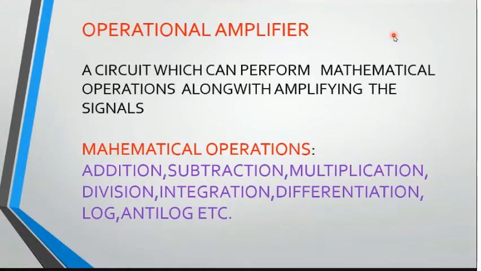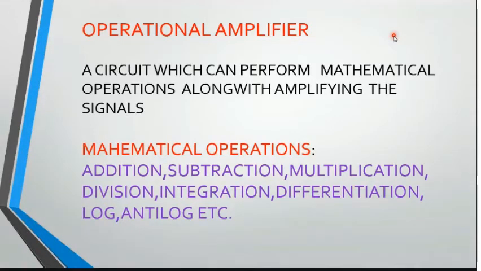So you already know the circuits which can amplify the signals. That means you can increase the strength of the signal by using certain circuits. But with those circuits, you cannot perform any mathematical operations.